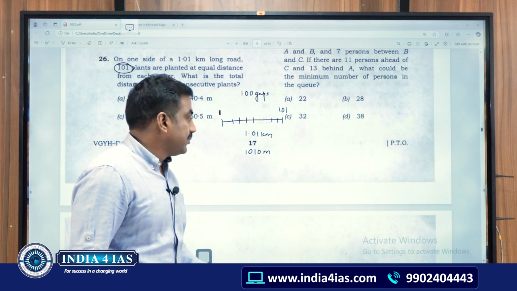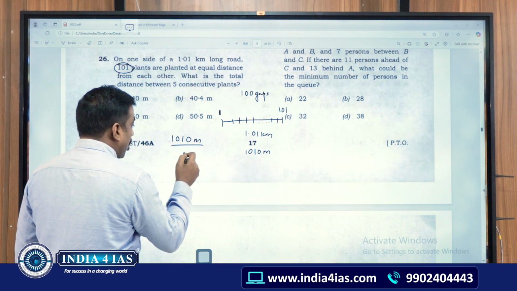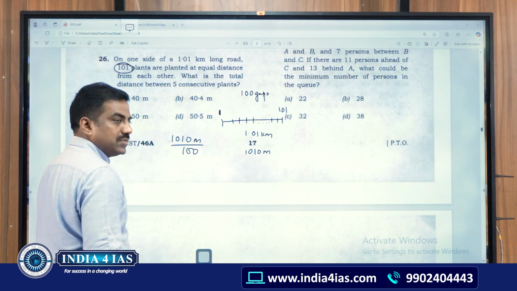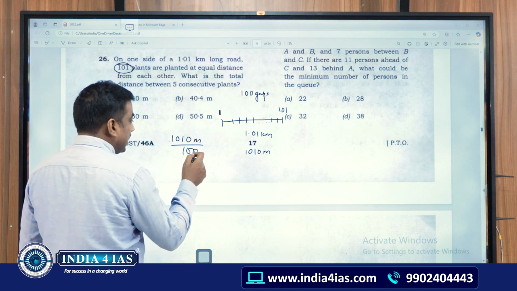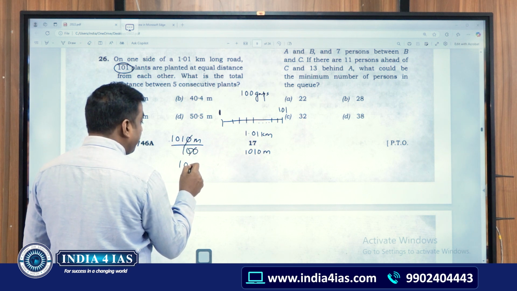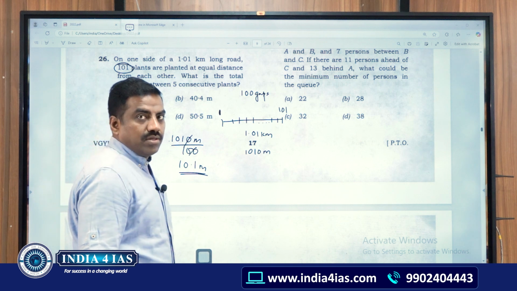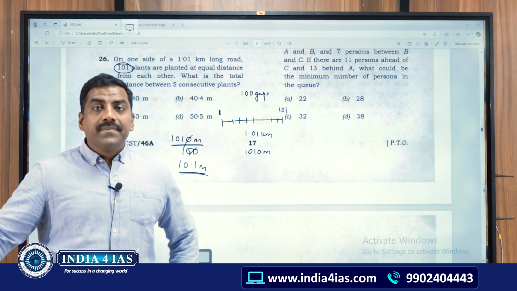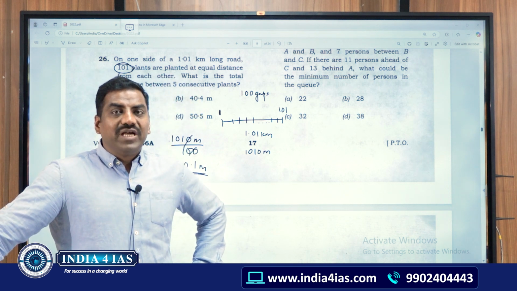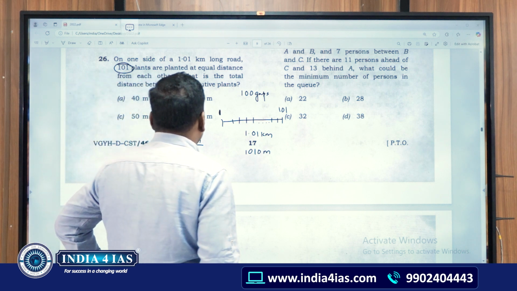In between 100 gaps are there. So this 1010 meter is accommodating 100 gaps. That means the 0s get cancelled. So each gap is giving me 10 meter. So the length of each gap is 10.1 meter. This is what we have to understand.